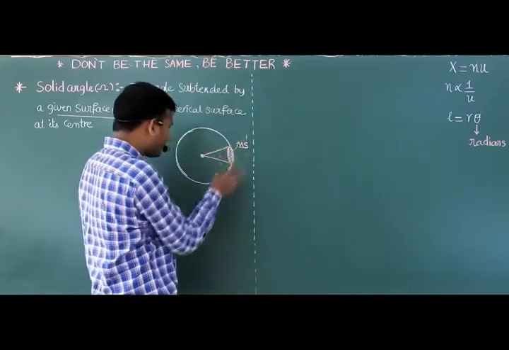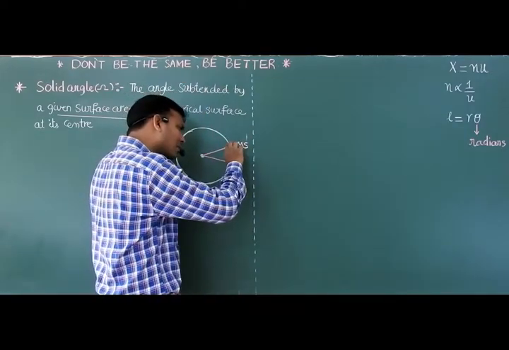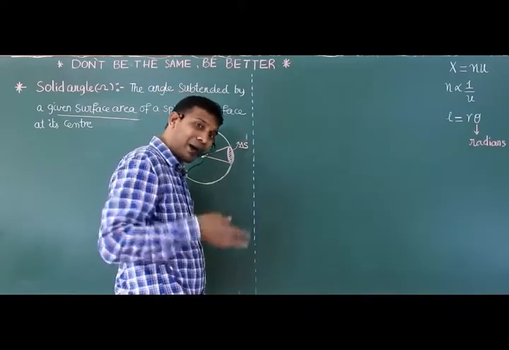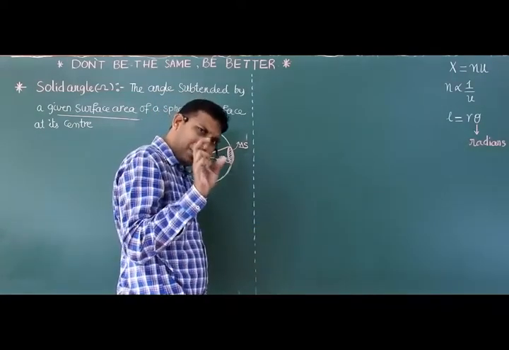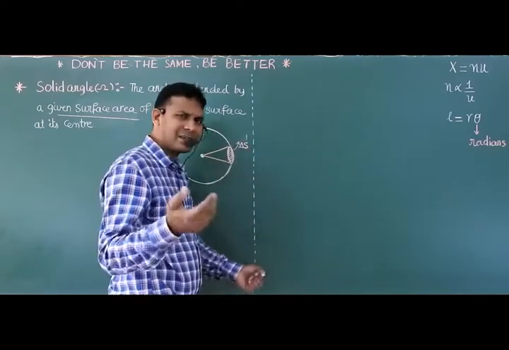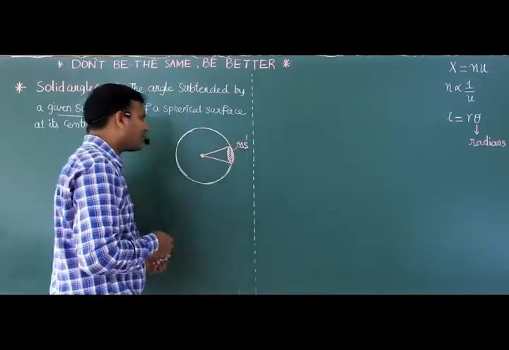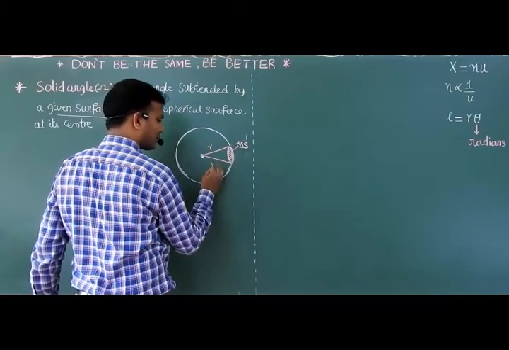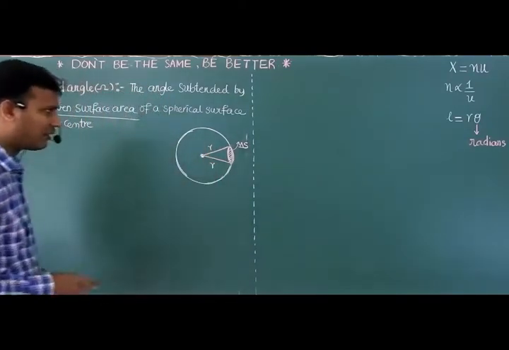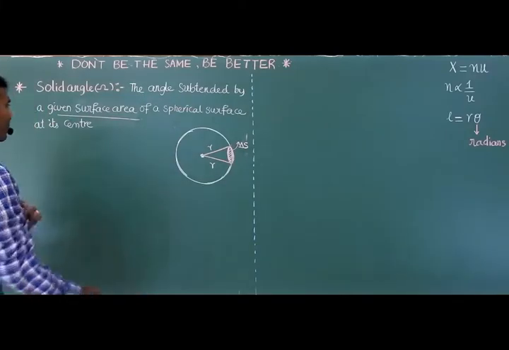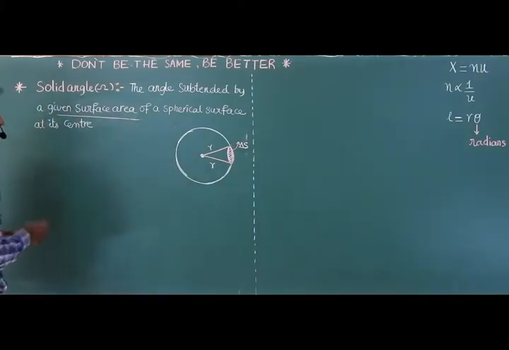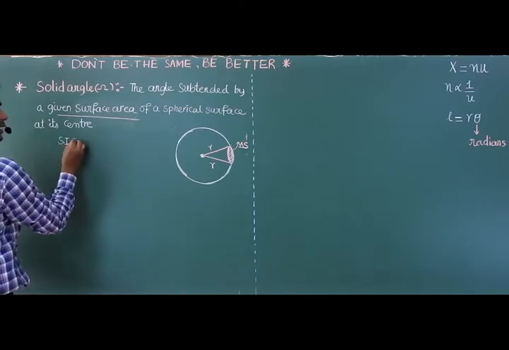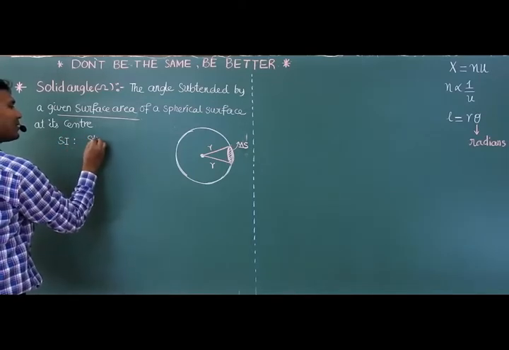For the entire sphere I am considering only this much portion of the spherical surface. That area is not S, it is a part of S. A small part of S is represented by delta S or ds. Clear? Right. Then next, what is this? This is nothing but R. Fine. Then how to find the solid angle? Actually, what is the SI unit of solid angle? The SI unit of solid angle is steradian.